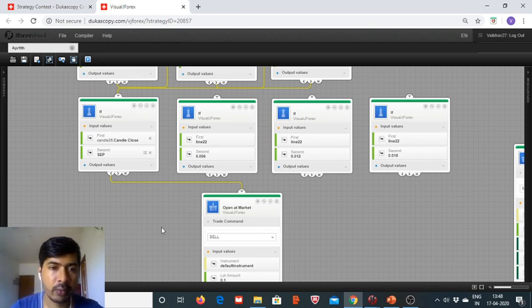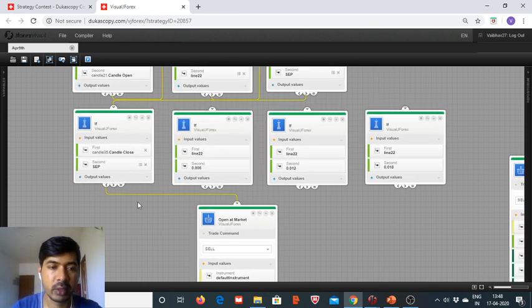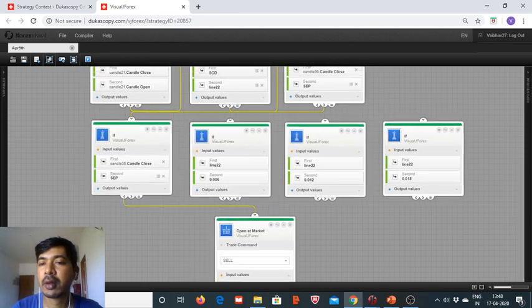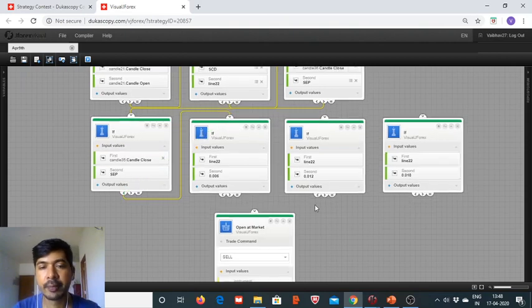And here we are going to keep the rest of the conditions as they are. So we want candle close to be less than the SCP, so we keep it as it is.